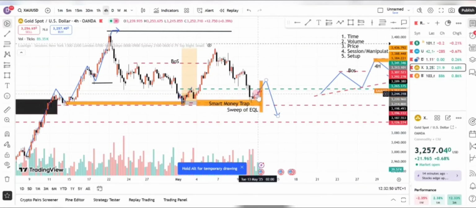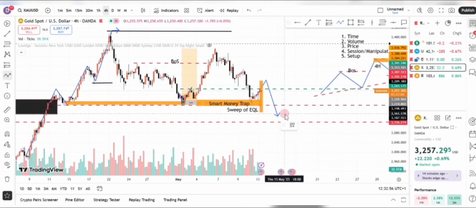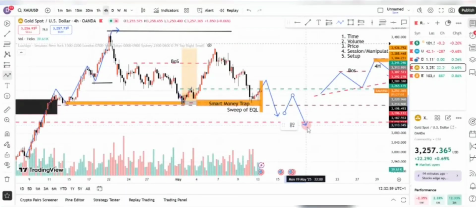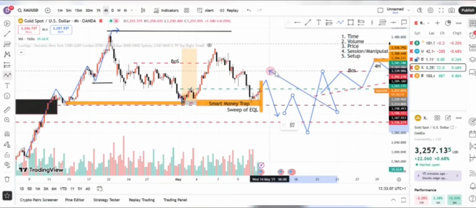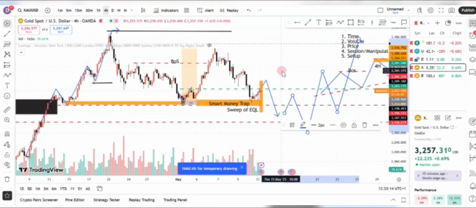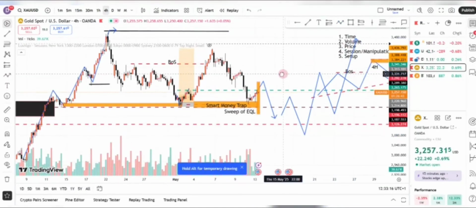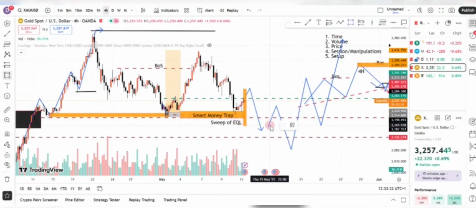Once they are swept like this, bam, I will go to the 15 minutes time frame and I want to see this, this, this, this, and that. So once the sweep has happened on this 4 hours time frame, I'll go to the 15 minutes chart to identify this.